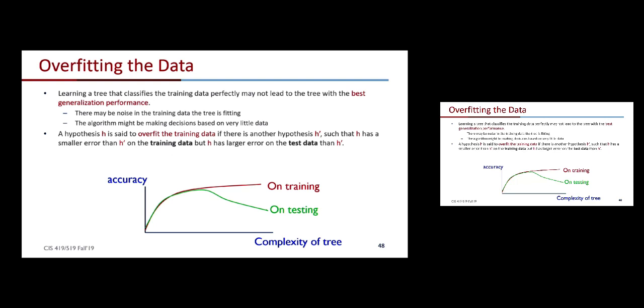So a hypothesis H is said to overfit the training data if there is another hypothesis, H prime, such that H has smaller error than H prime on the training data, but larger error on the test data. So we really want to be able to stop when these curves split.